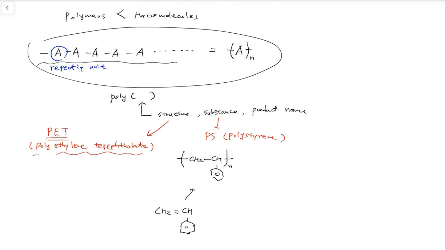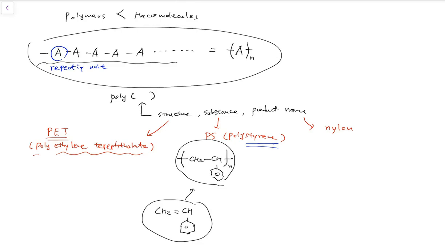So this is the basic substance used to make polystyrene. We call this structure polystyrene, the substance, or sometimes simply the product name. For example, nylon is a very common product name. We'll learn about nylon later.